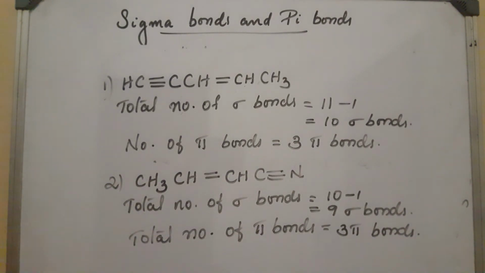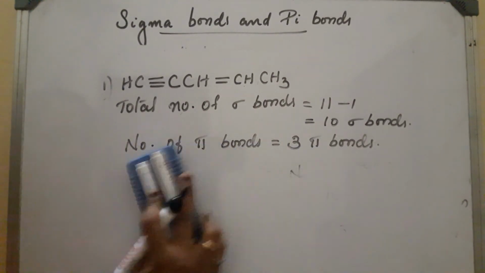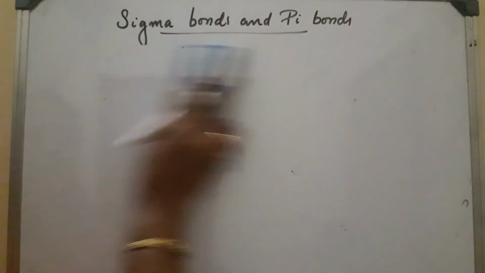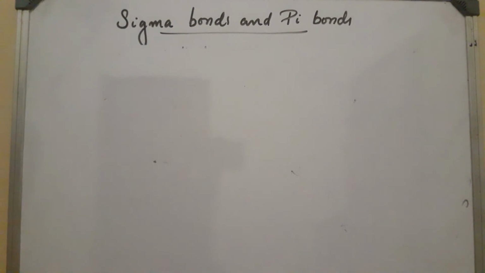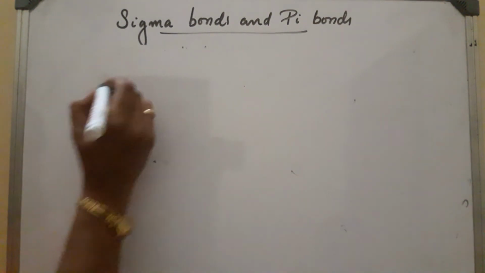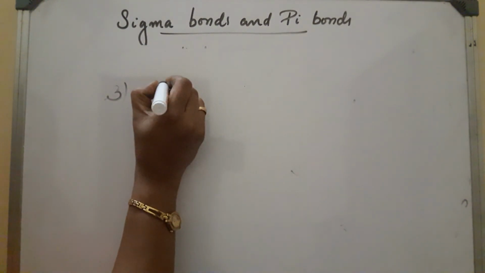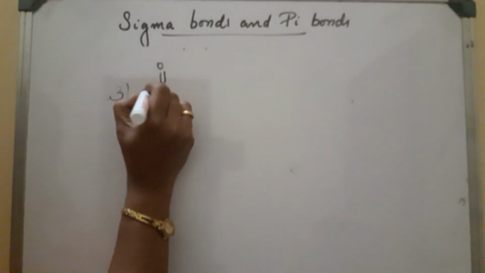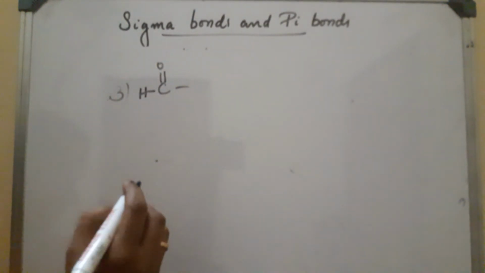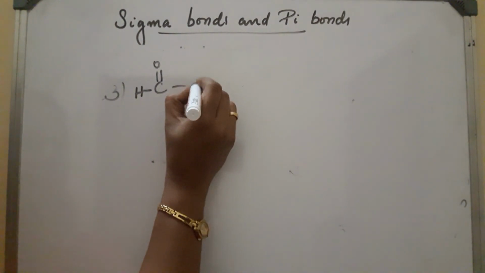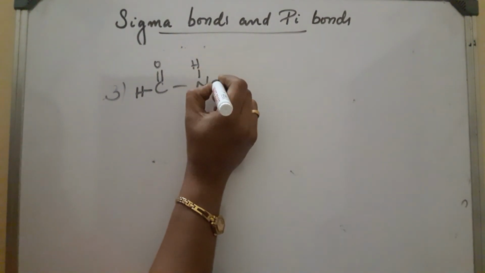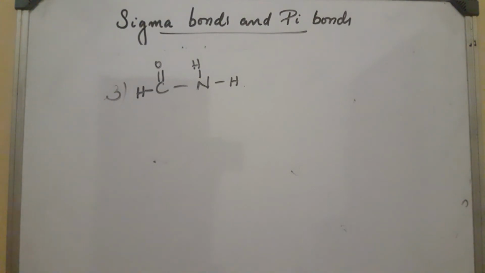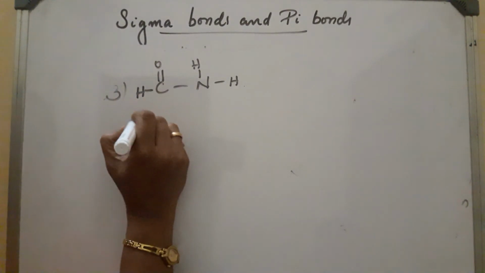Now, let us take another example. Third one. C double bond OH, NH. How many sigma bonds?